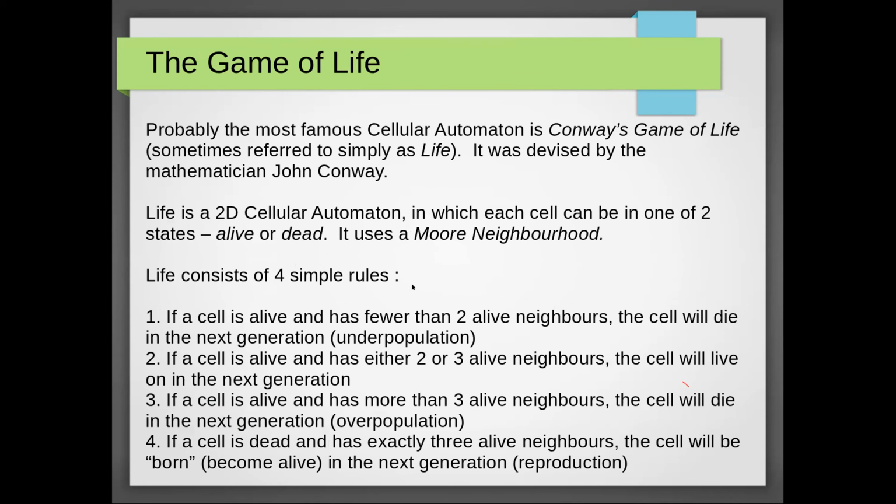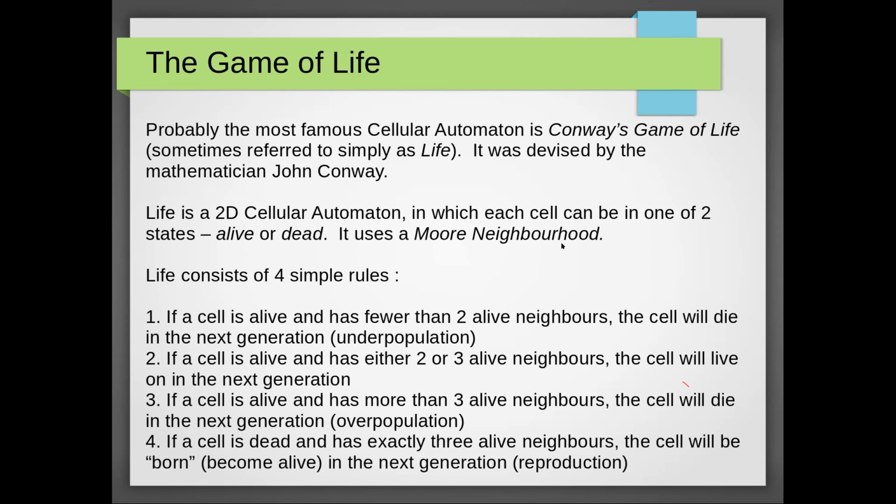Now, it's quite possible at least some of you may have heard of this cellular automaton, because it's quite famous. You may not have, but certainly when people think of cellular automata, this is the one they tend to think of. This automaton is known as John Conway's Game of Life, very commonly also referred to simply as Life, and it was devised by the mathematician John Conway.